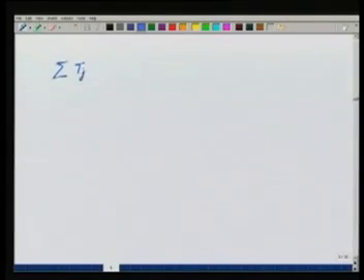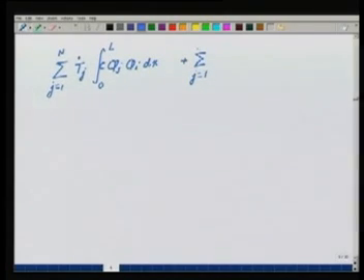If I write it now, this will be equal to writing it as sigma Tj dot, j equal to 1 to n, integral 0 to L phi j phi I c dx, plus sigma j equal to 1 to n, Tj integral 0 to L c k, not c, phi j prime phi I prime dx.